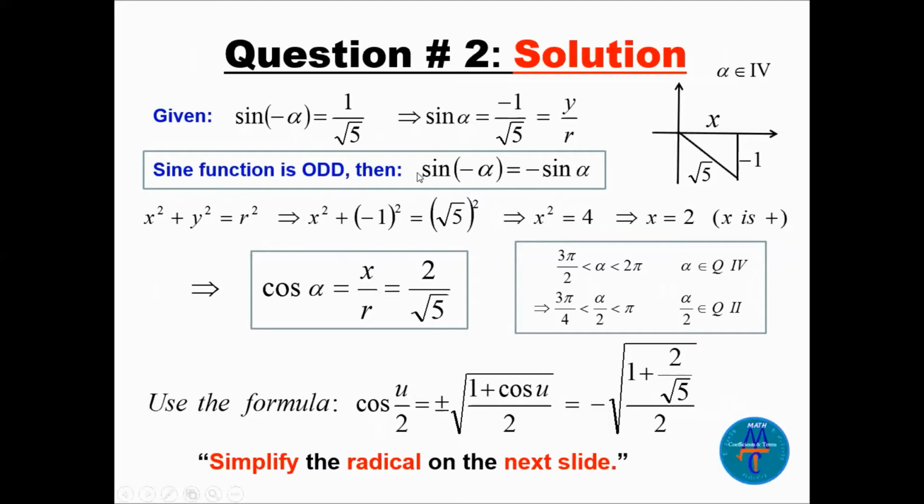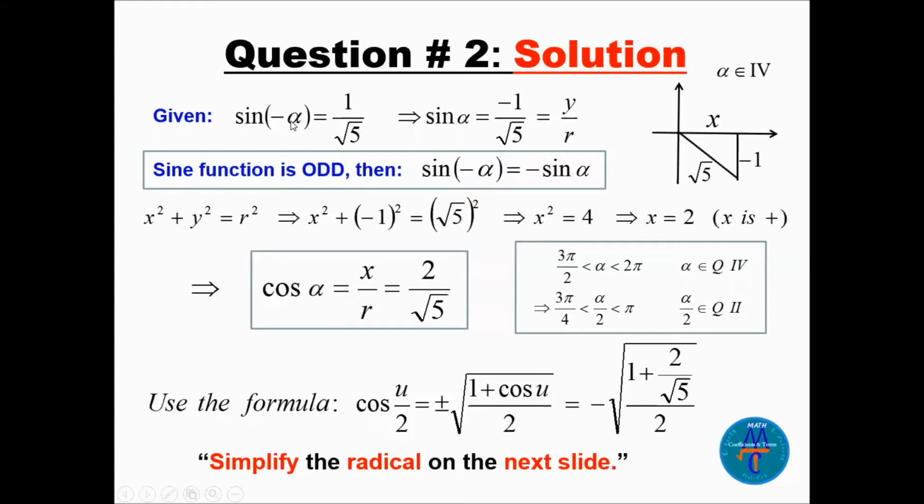Remember this always. And also remember that cosine, in another question, is an even function. So cosine of minus alpha is equal to cosine alpha. There is no minus in the cosine. Okay, let's come back to the question.